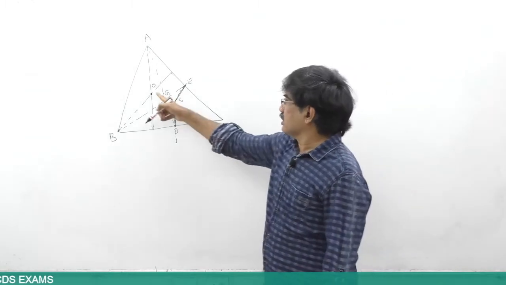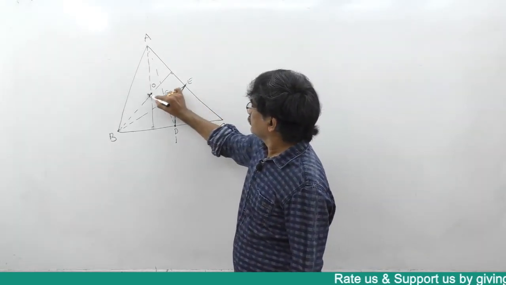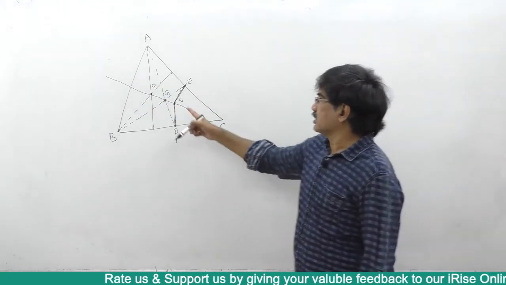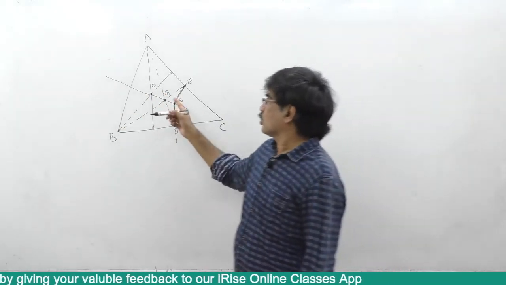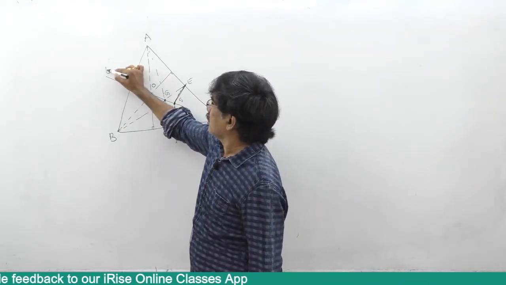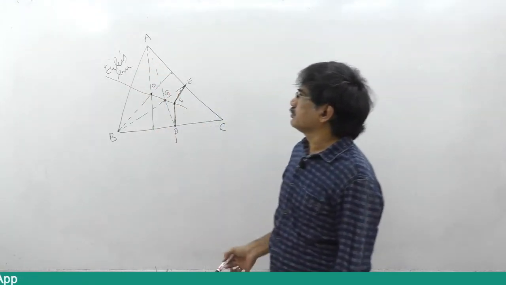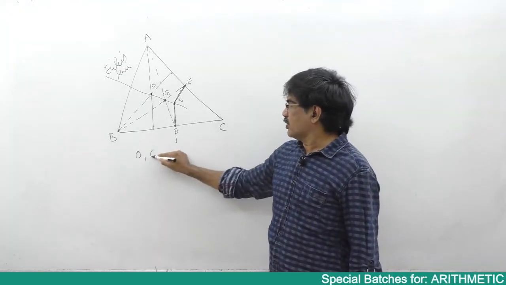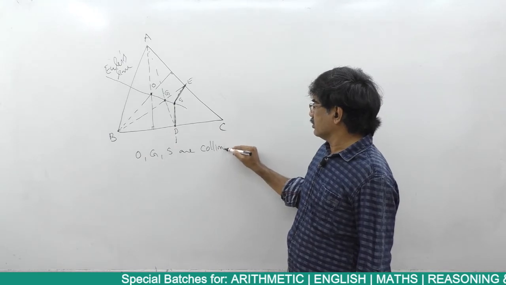And all these 3 points are always on a straight line. These 3 are collinear, and this line is called Euler's line. So therefore O, G, S are collinear.